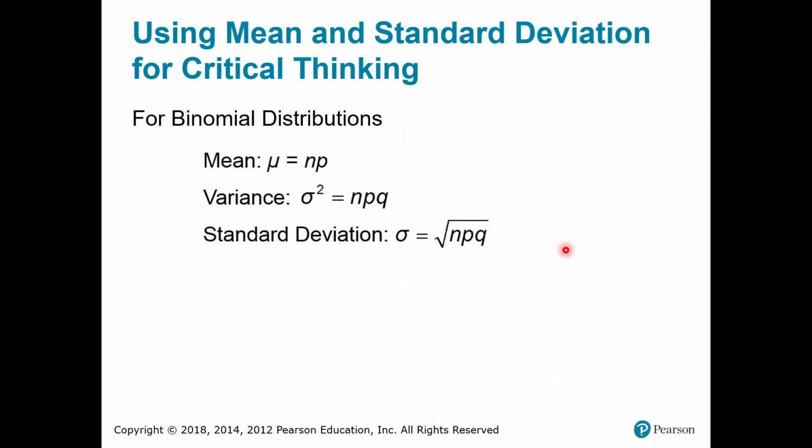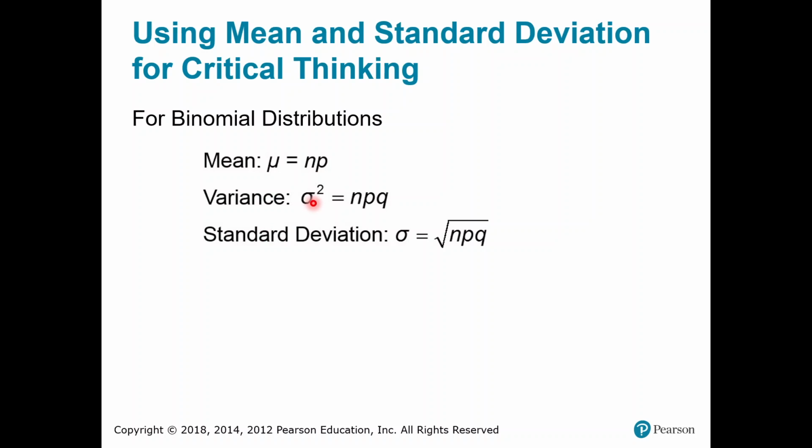Now, with a binomial distribution, we can compute the mean, the variance, and the standard deviation. Okay, the mean is pretty easy. It's simply n times p.